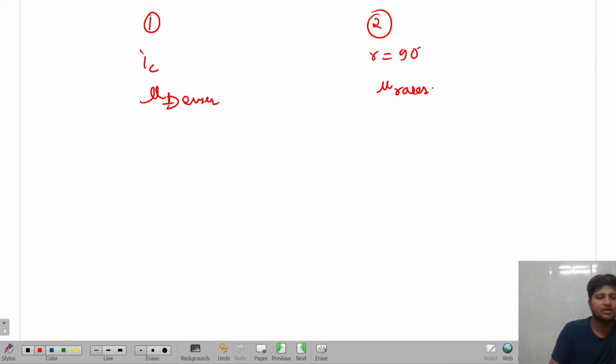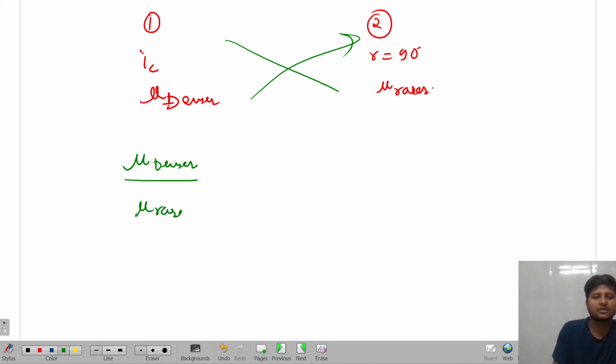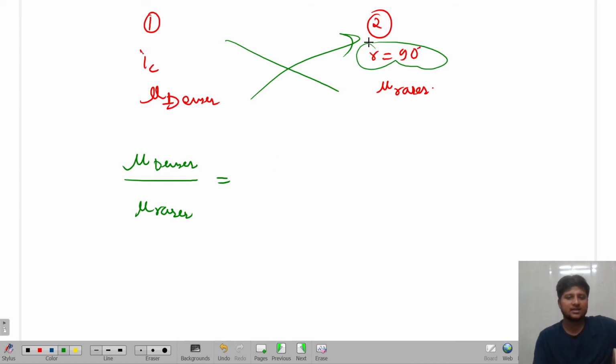Now you know that if I want to do something, I need to do cross multiplication. If I write mu denser by mu rarer, what is going to happen? For mu denser, we need to consider in the numerator which angles? This side angles.